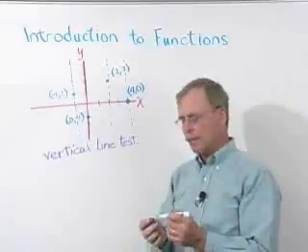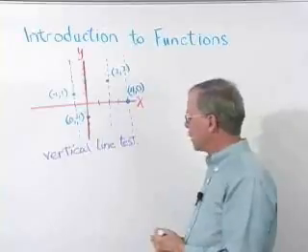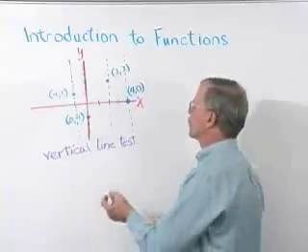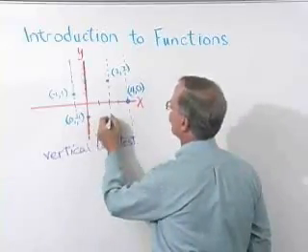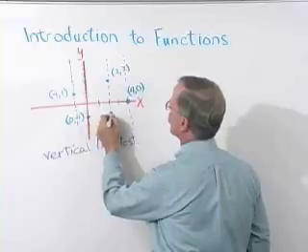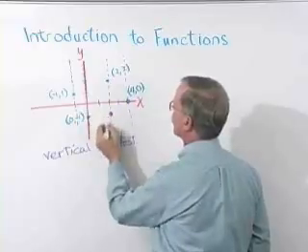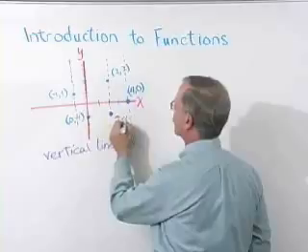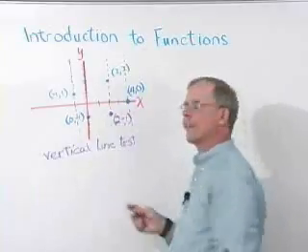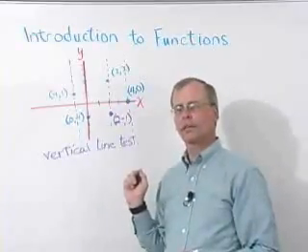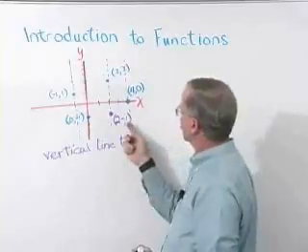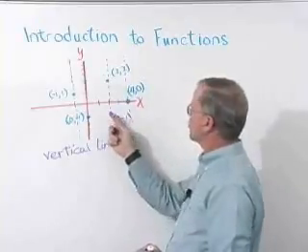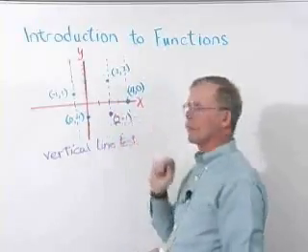Could we make this graph fail the vertical line test? Well, let's see what we could do. How about if we put a point right here? That point is 2, -1. Does it now fail the vertical line test? Well, does it fail the test because of the 2 or because of the -1?